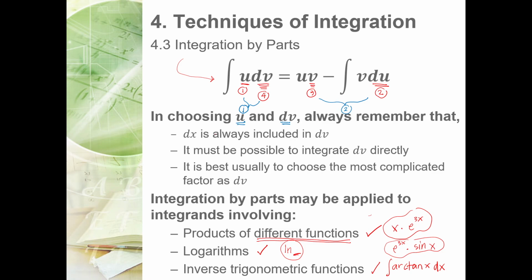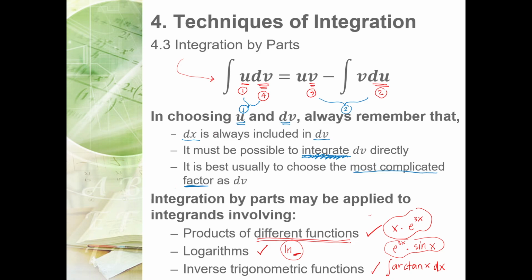But for the case of dv, you have three important tips here. dx is always included in dv. Why do we need to include dx in dv? Because we need to integrate it. And take note that in choosing the dv term, it should be the most complicated factor.